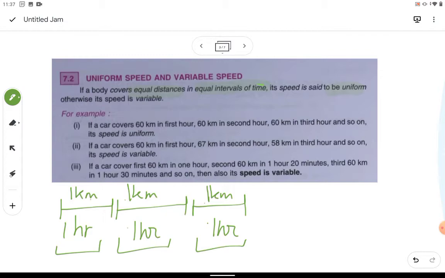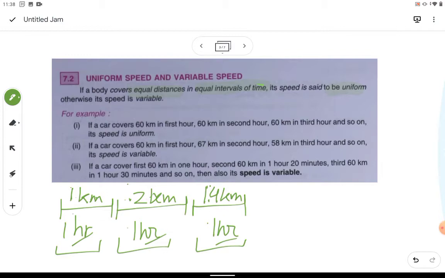So it is uniform. But let us say that we have the same intervals of time, 1 hour, 1 hour, 1 hour. But in the first instance it covers 1 kilometer, second it covers 2 kilometer, and third hour it covers 14 kilometers, say. So the interval of time is same, but the distance covered is different.